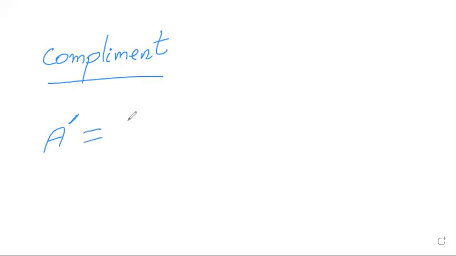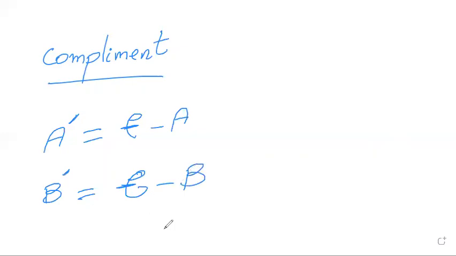A complement mean the universal set minus that set. For example, if you say B complement, it is the universal set minus the set B. Okay. Now the detailed concept about that, inshallah, we will take tomorrow.